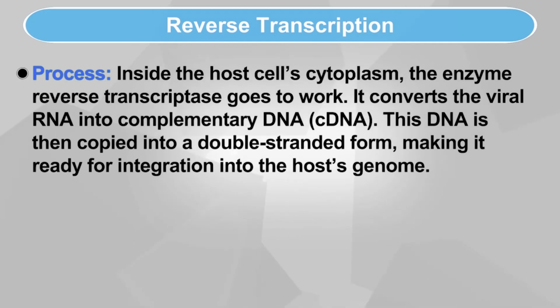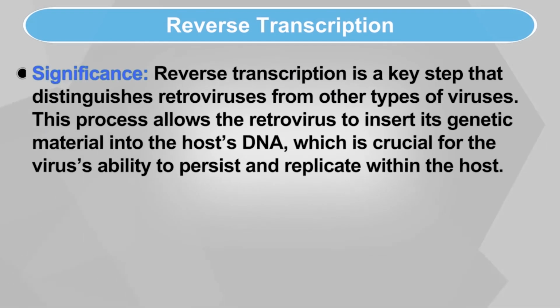It converts the viral RNA into complementary DNA, or cDNA. This DNA is then copied into double stranded form, making it ready for integration into the host cell's genome. Reverse transcription is a very key step, and a virus must follow it to integrate itself inside the host cell genome.